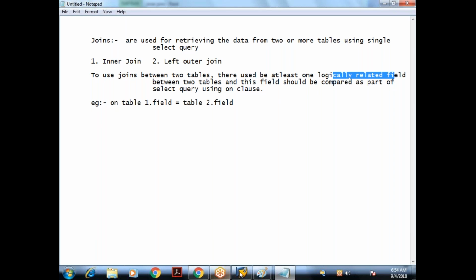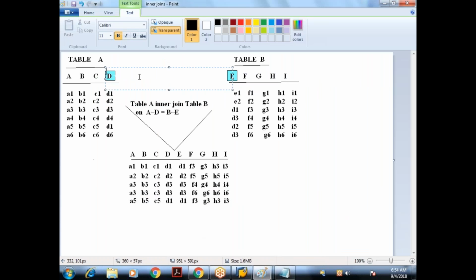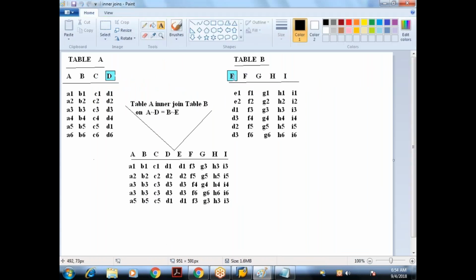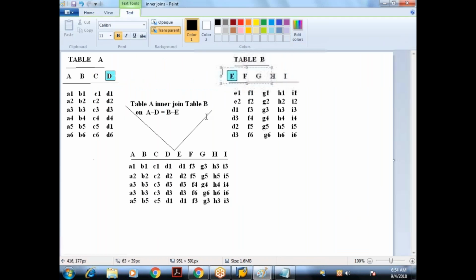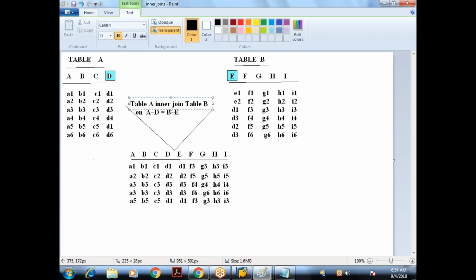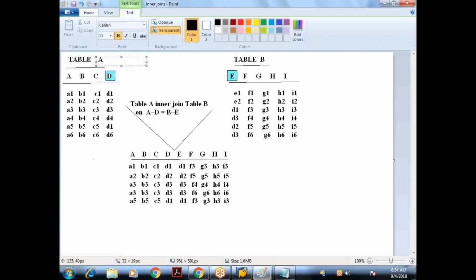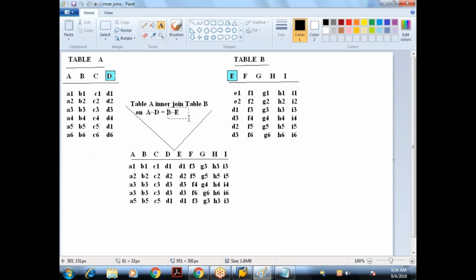So assume we have two tables, A and B. The logically related field between these two tables is D and E. When I use inner join in my select query, I say table A inner join table B on A of D is equal to B of E, where A is the left hand side table.